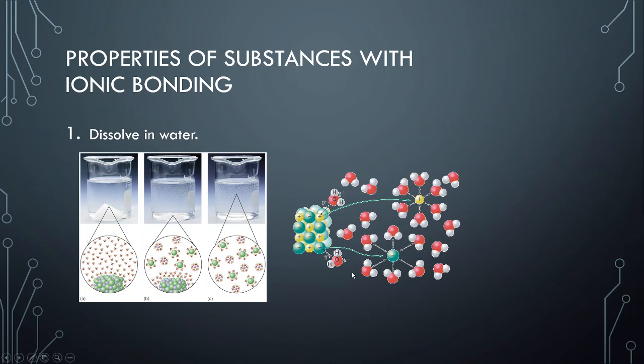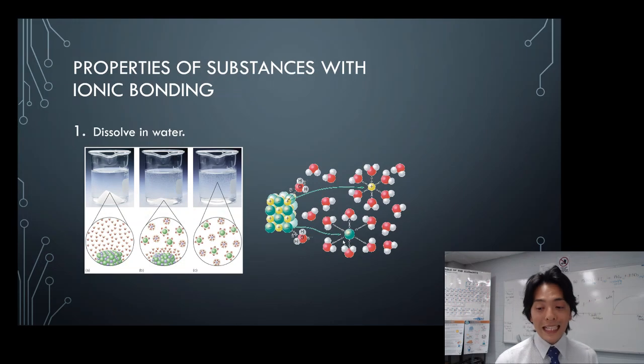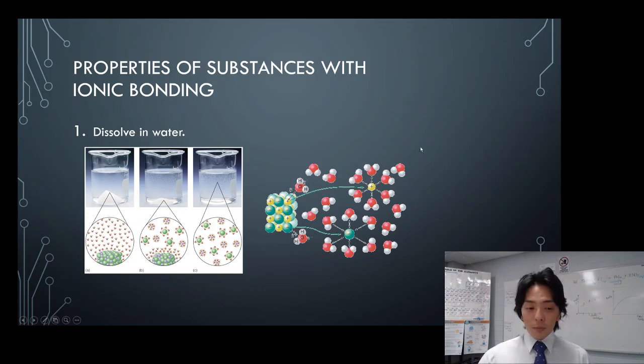When that happens, the water molecules' hydrogen parts would be attracting and surrounding the negatively charged ion. Hence, you would see ionic compounds being able to dissolve in water. And that's another diagram there too.